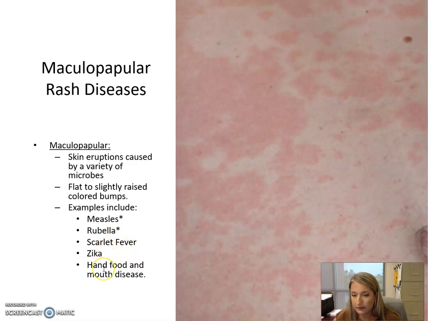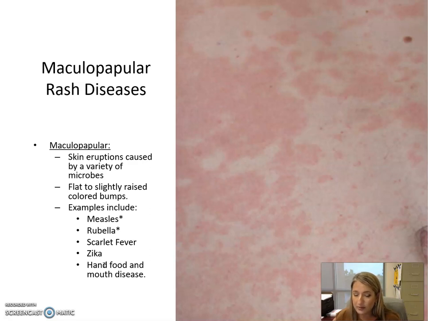But there are other infectious diseases that we'll talk about later on in the semester that also create maculopapular rashes. For example, scarlet fever is a complication of a streptococcus infection. It typically does produce a red rash on the skin. Individuals that get Zika, possibly through an infected mosquito bite, typically do get a macular rash.